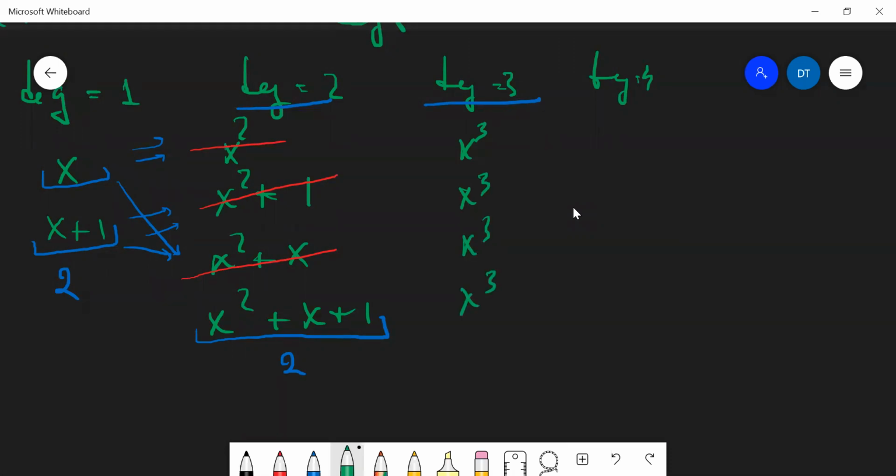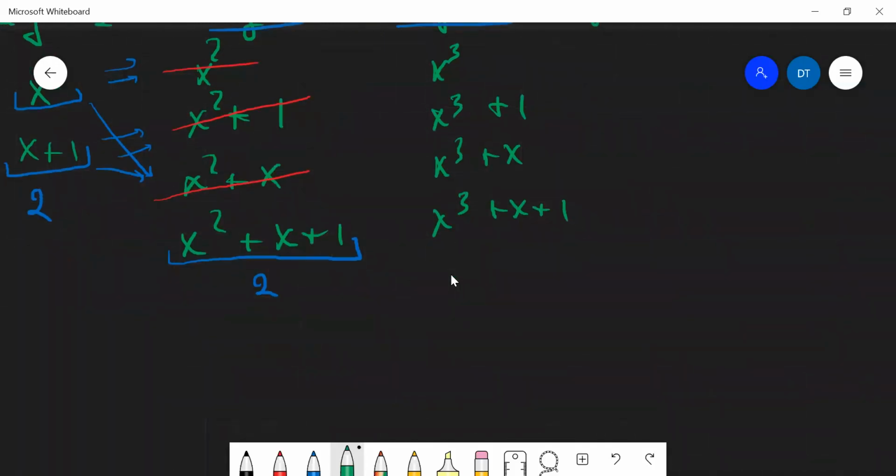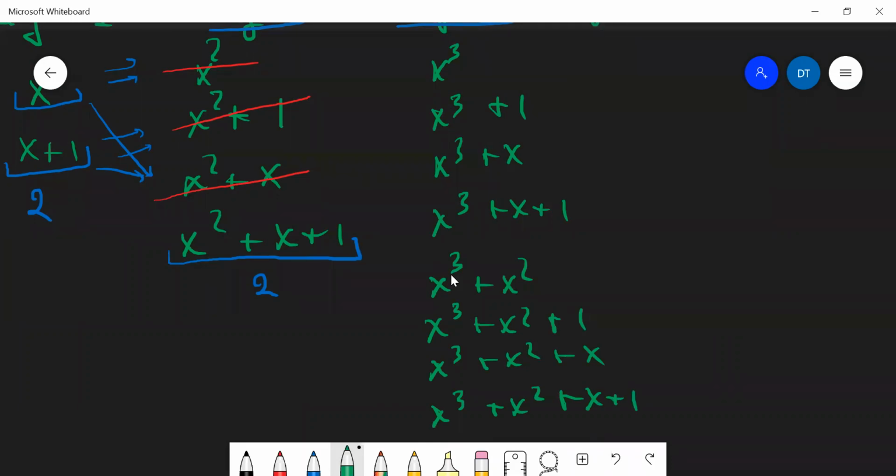And here we write plus 1, plus x plus 1. And then we just add x squared to everything: x cubed plus x squared, four times, and then plus 1, plus x, plus x, plus 1. So these are all possible options.